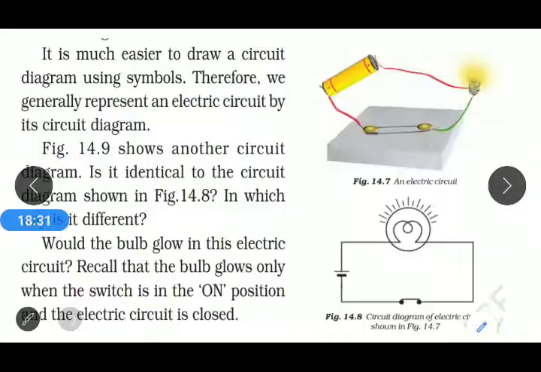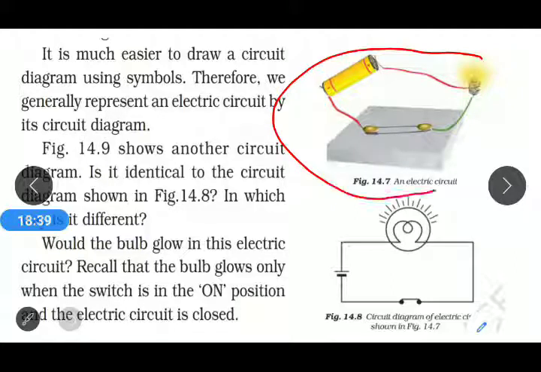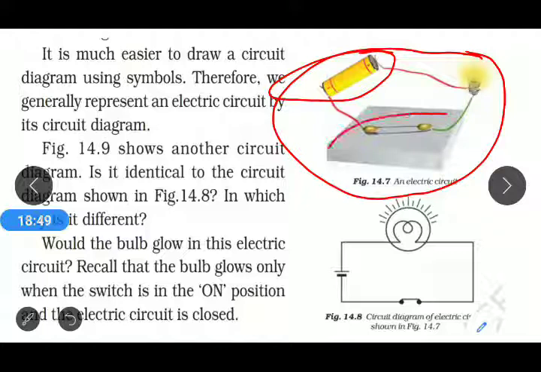According to the 14.7 figure, we required an electrical cell, a safety pin which we are using as a switch, an electrical bulb, and wires.